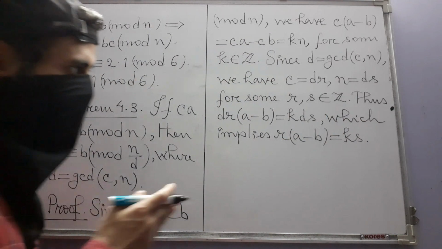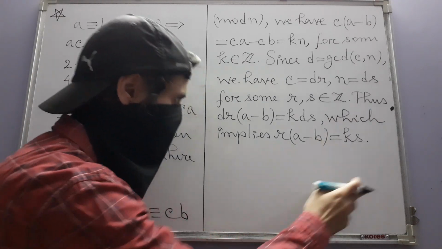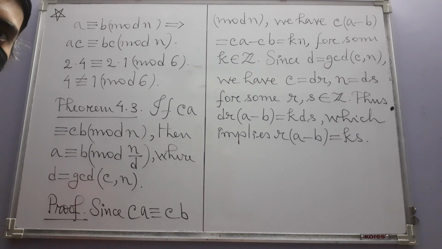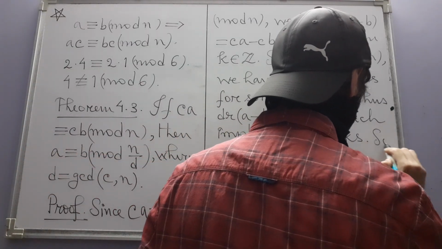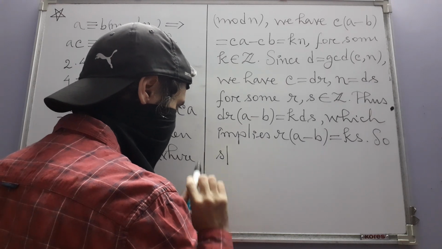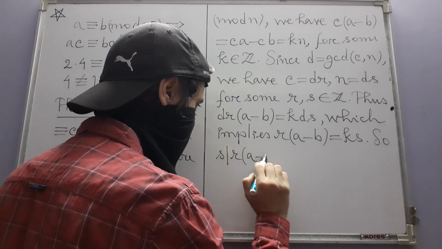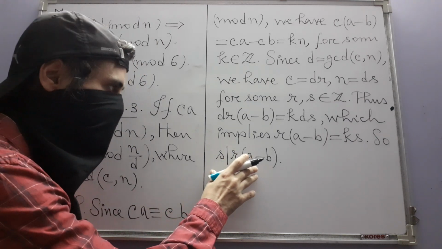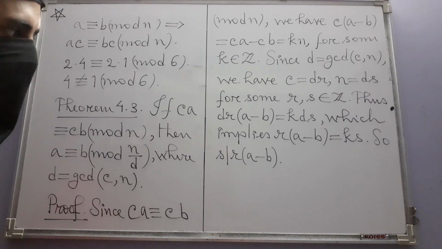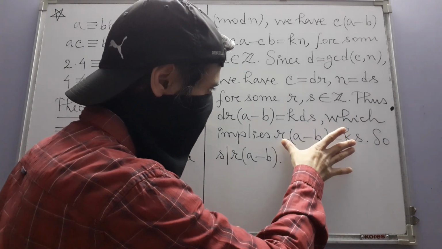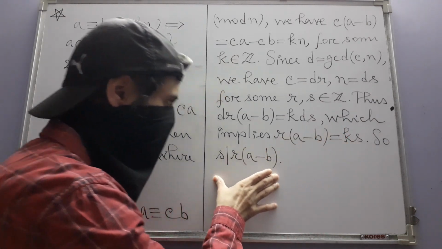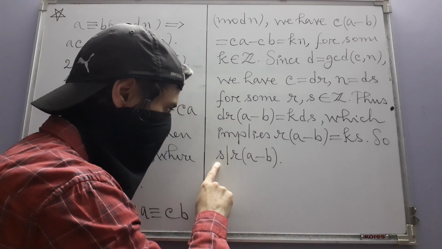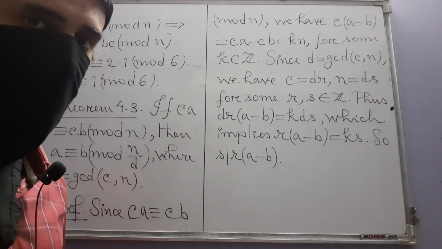Alright, now this implies what? This equation itself implies that s divides r times a minus b. I have already said this many times, but again I am repeating: whenever you write from any such equation a divisibility relation like this, always make sure that the number by which you are dividing is a non-zero integer.